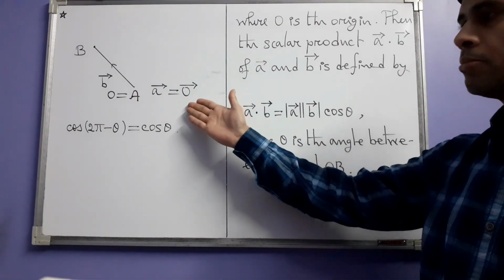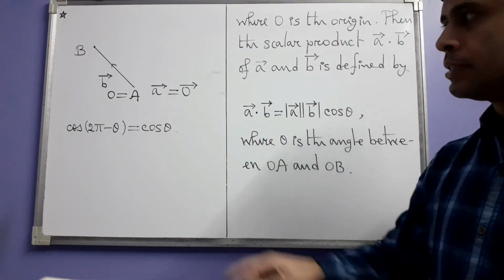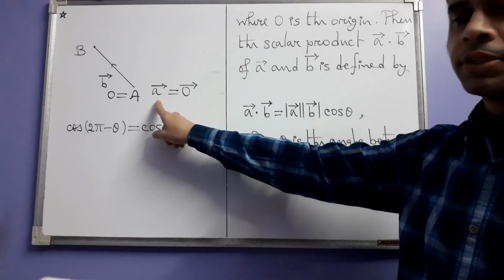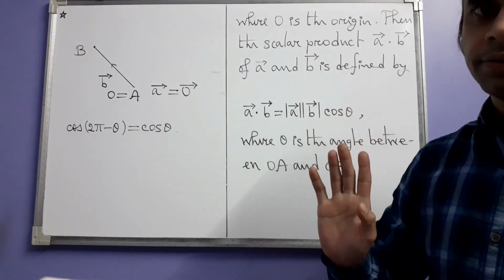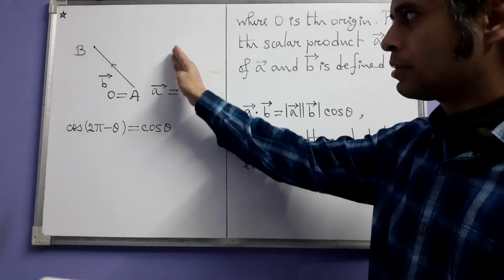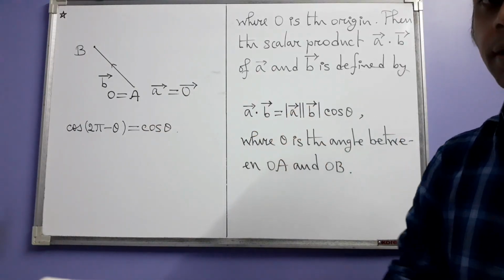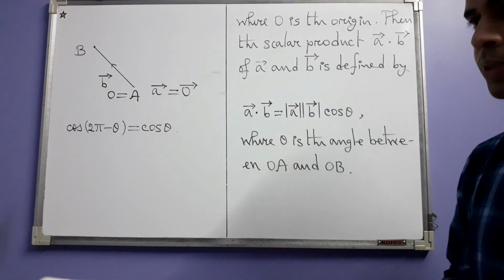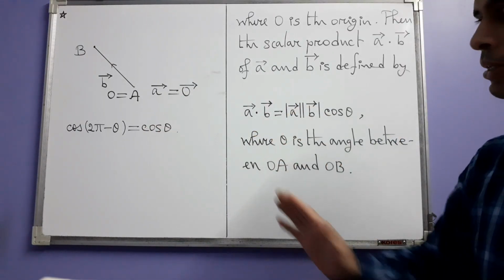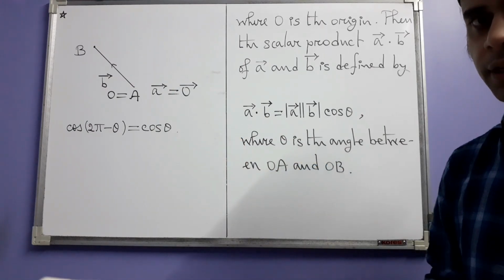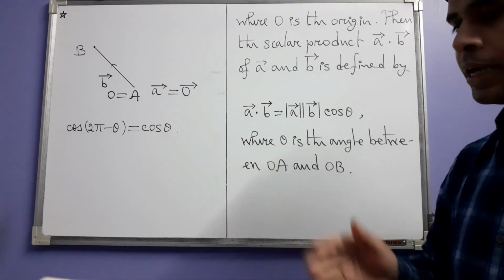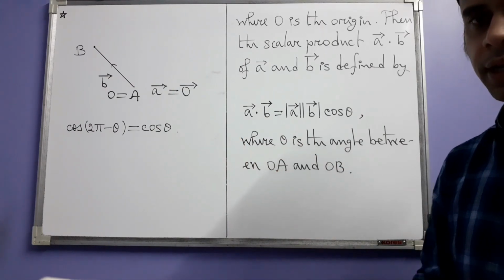And this is the problem you face. It's a special case where say one of the vectors is 0, A is 0. Then the line segment OA collapses and it becomes a single point. That's the legitimate geometric representation for the 0 vector, as a point which has magnitude 0 and no direction.